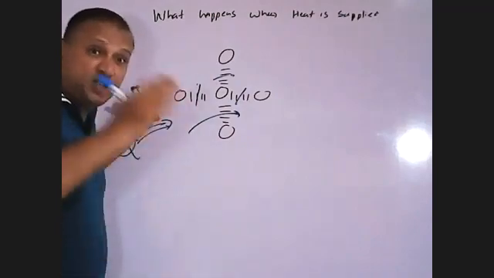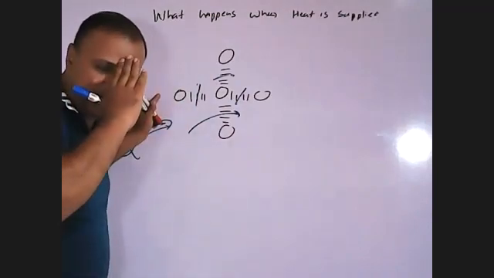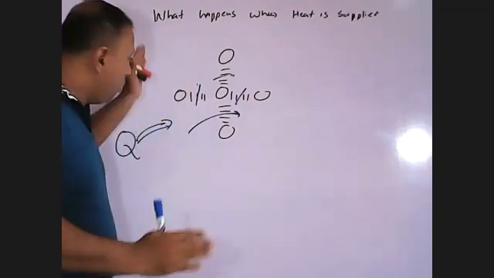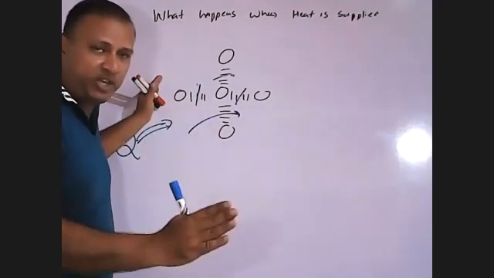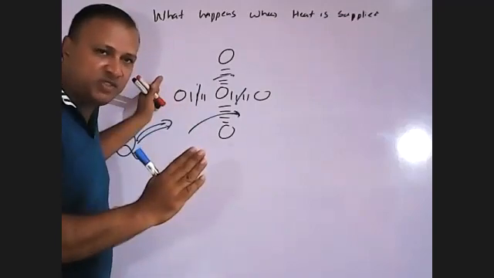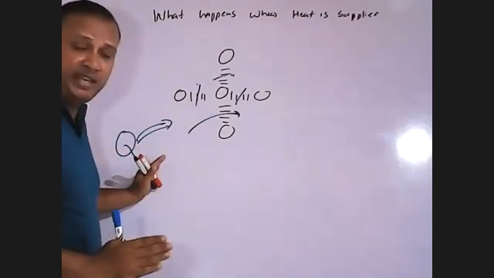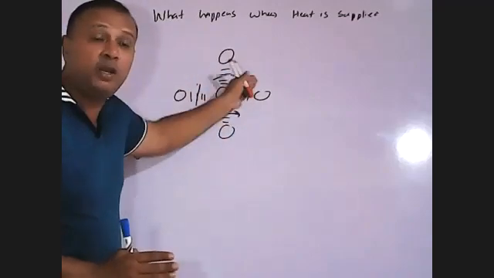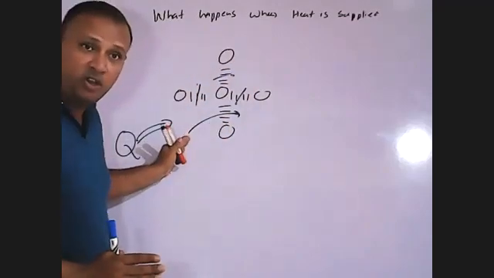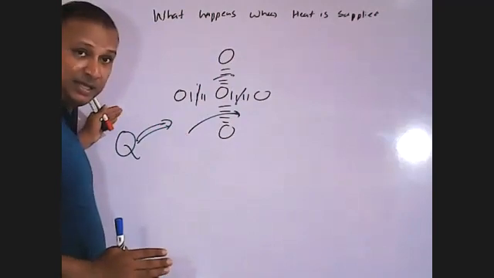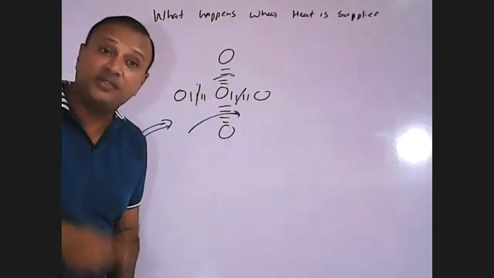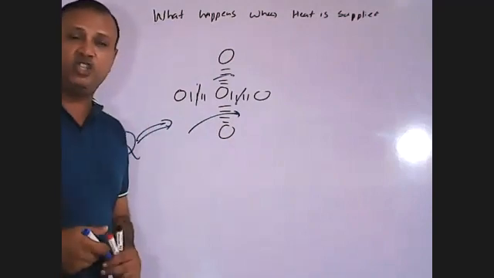So once this point is reached, please listen to this very carefully. This is very important. Once this point is reached, the supplied heat is totally utilized to break those intermolecular bonds. So the supplied heat is not utilized to increase kinetic energy.